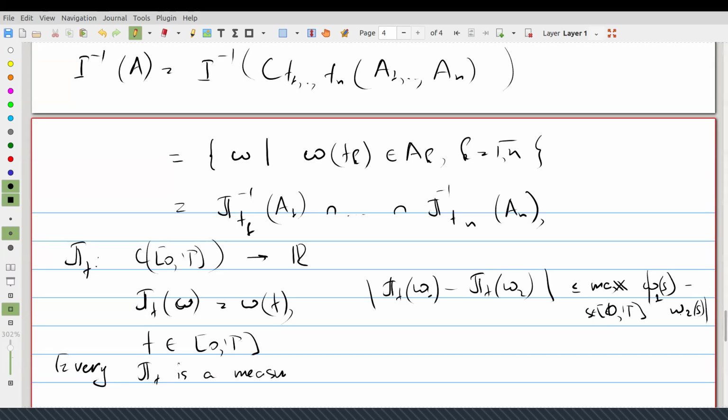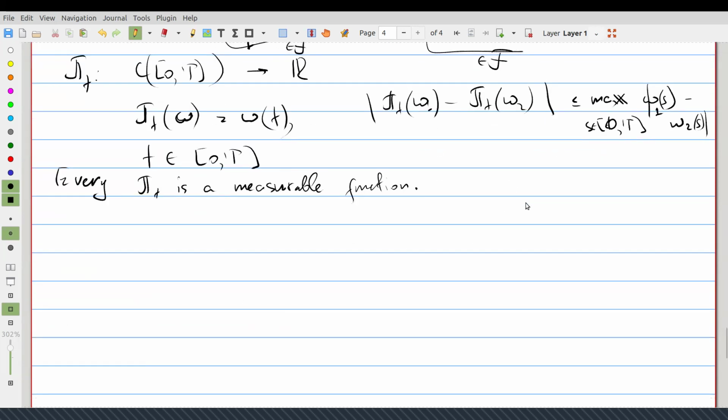So this is a continuous function, thus a measurable function. Everything is measurable, so we can conclude that I is a measurable mapping.